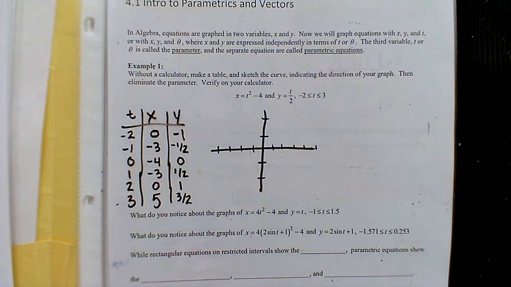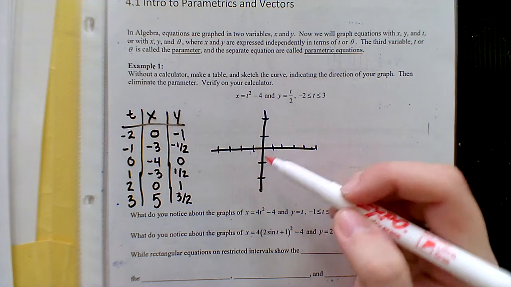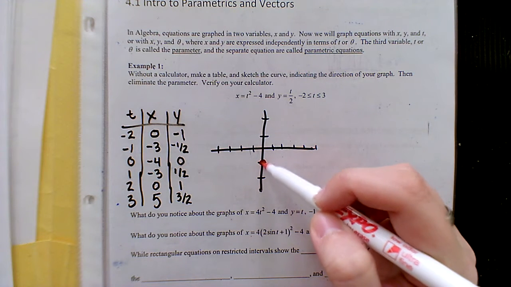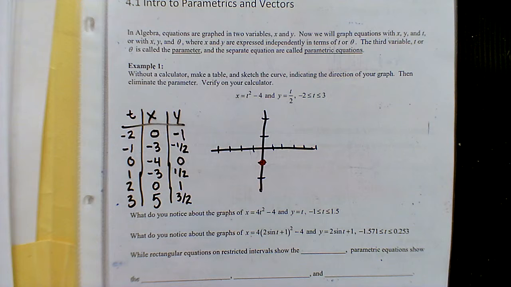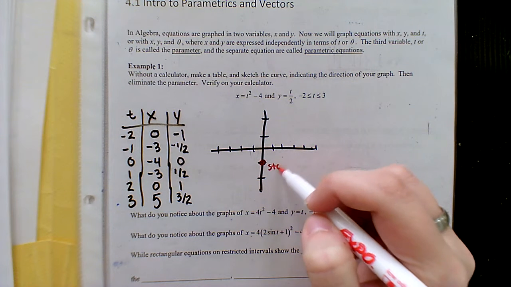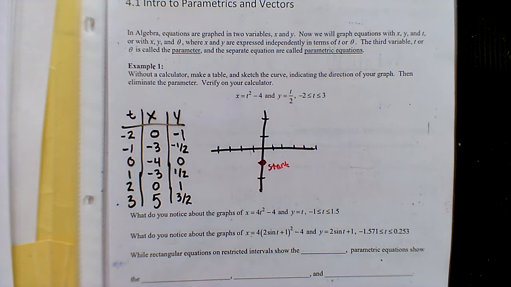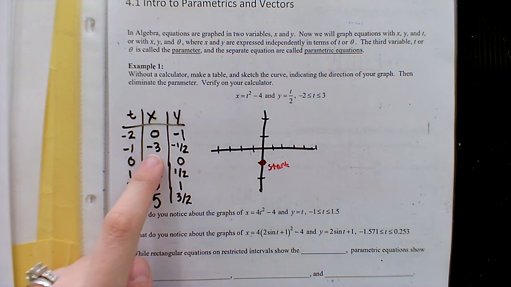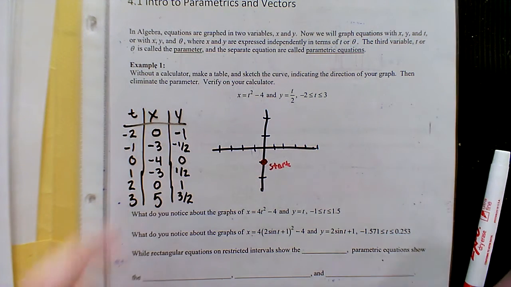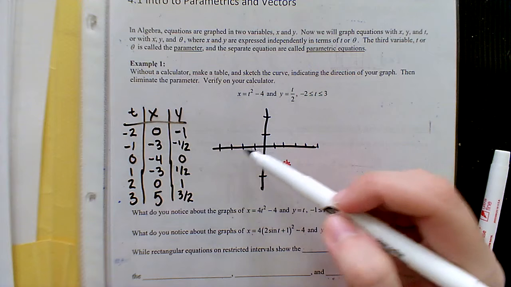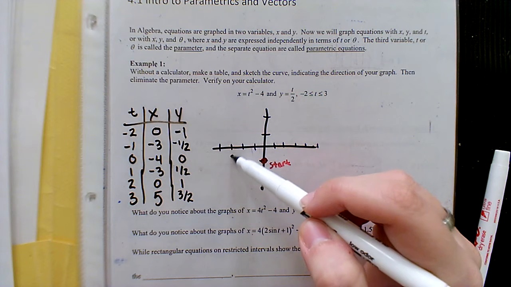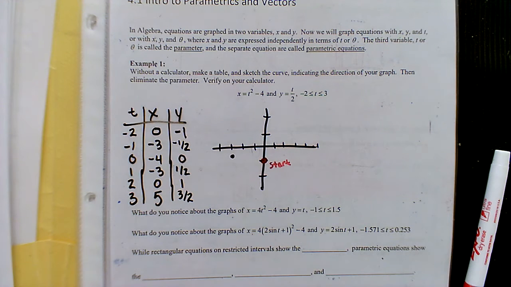All right, so if we plot our first coordinate, 0, -1, we would be right here. So that's kind of where we start at time -2. And then 1 second later, at time -1, we're at the coordinate -3, -1/2. So somewhere right there.